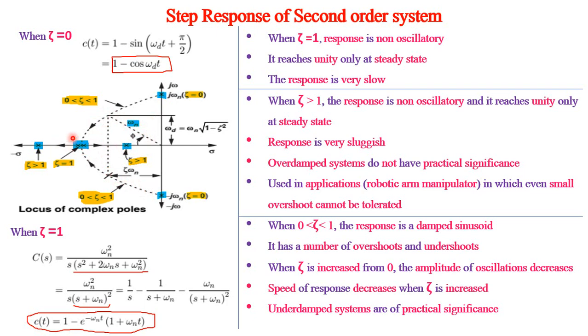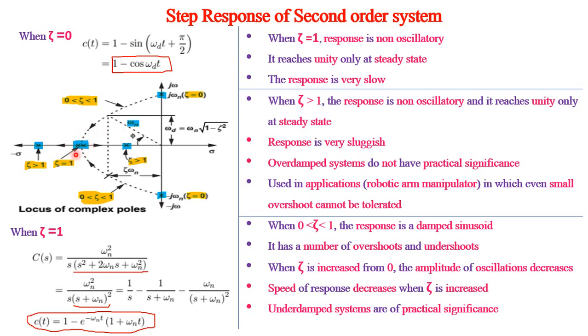When the damping ratio is exactly equal to 1, that imaginary part, root of 1 minus zeta square, becomes 0. Therefore, we will have minus zeta omega n, minus zeta omega n, that is minus omega n, minus omega n. That is at this place, same radius, but on the negative real axis.